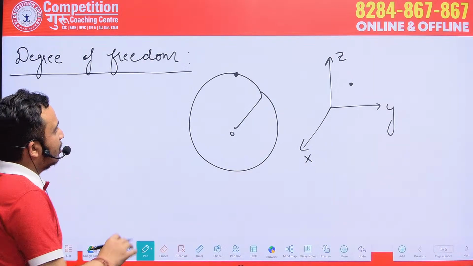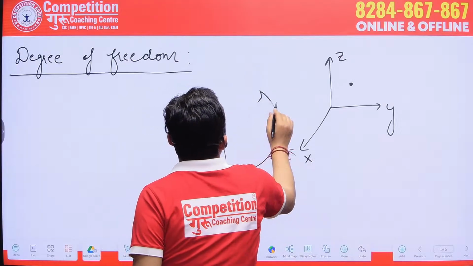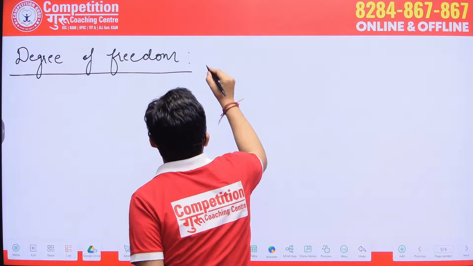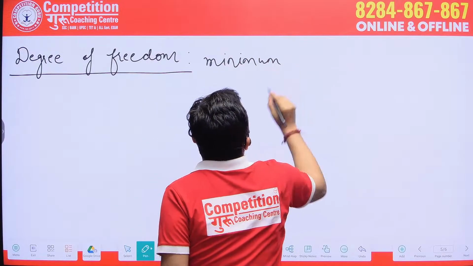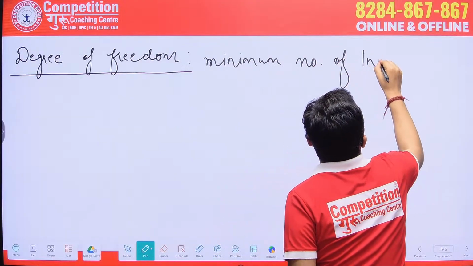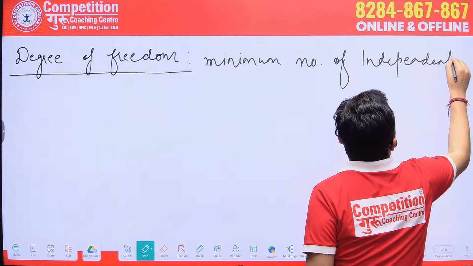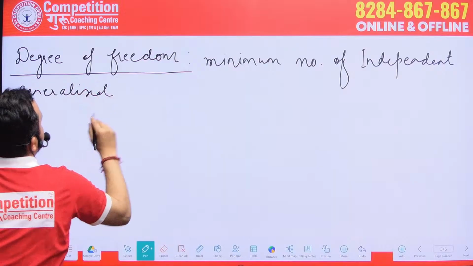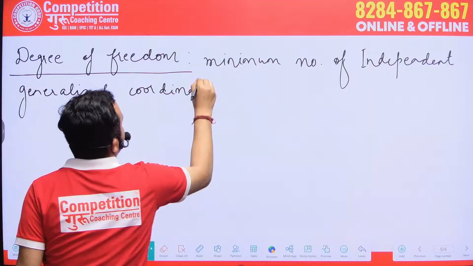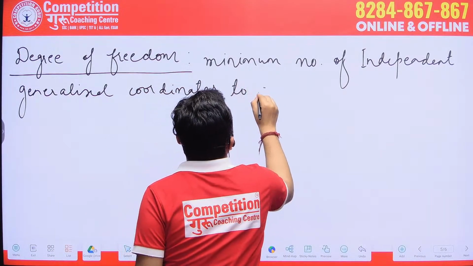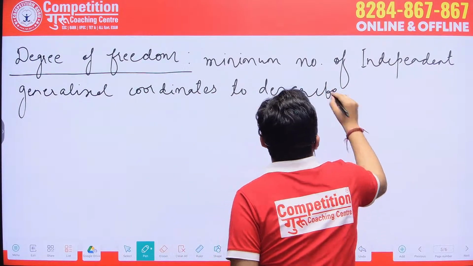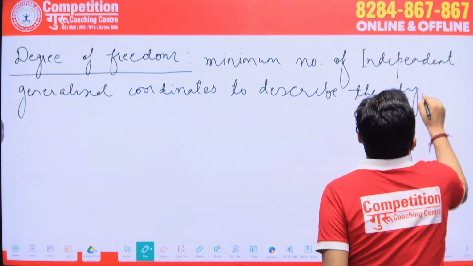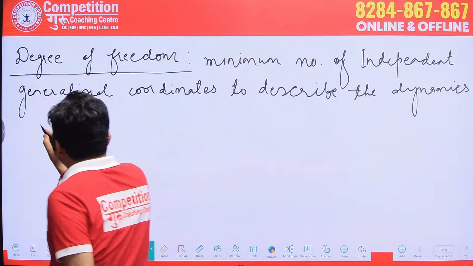Mathematically, the definition of degree of freedom is the minimum number of independent generalized coordinates to describe the dynamics of a system.